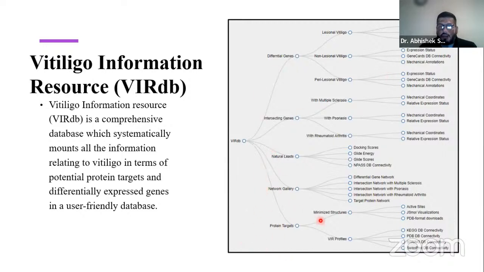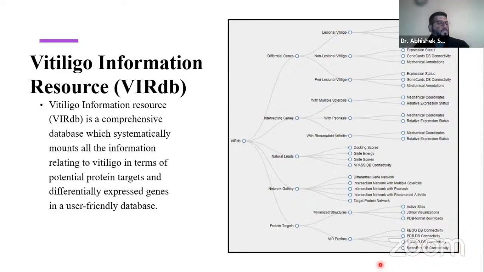We have also done some network studies, shown in the network gallery: differential gene networks, intersection networks with multiple sclerosis, psoriasis, and rheumatoid arthritis, target protein networks, and also vitiligo information resource profiles like KEGG DB connectivity, PDB DB connectivity, STRING DB connectivity, etc.